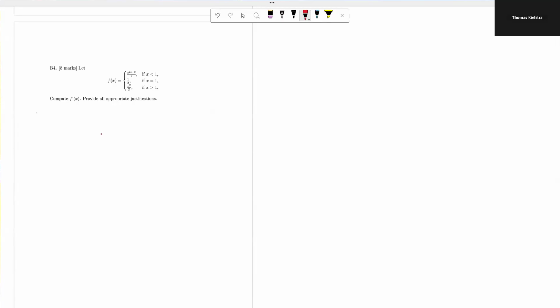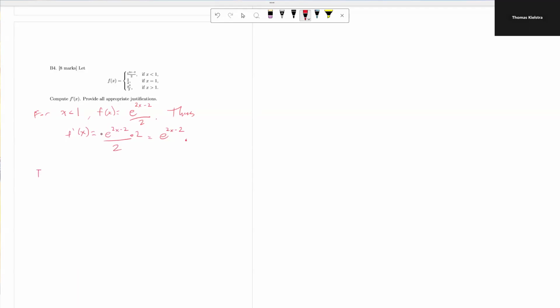So for x less than 1, f of x equals e to the 2x minus 2 over 2. Thus, f prime of x equals e to the 2x minus 2 times 2 over 2, which equals e to the 2x minus 2.